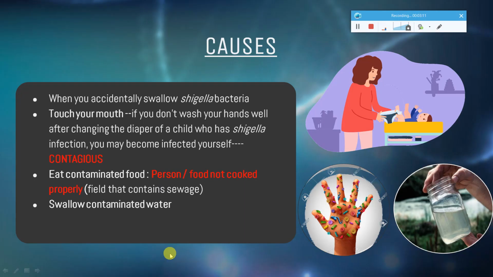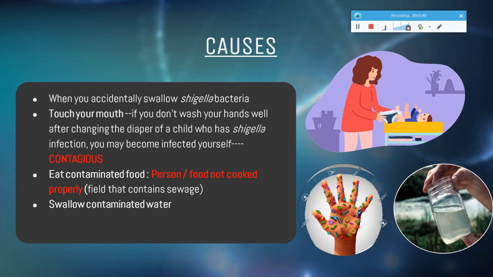Coming to the causes, you might accidentally swallow this bacteria through contaminated food or contaminated water. There are various sources by which this organism can enter you. One more important thing is soiled diapers. We might be changing the diapers of babies, and if the baby has been infected by Shigella, and we know that babies are usually less immune, so the chance of infection is much higher in them.